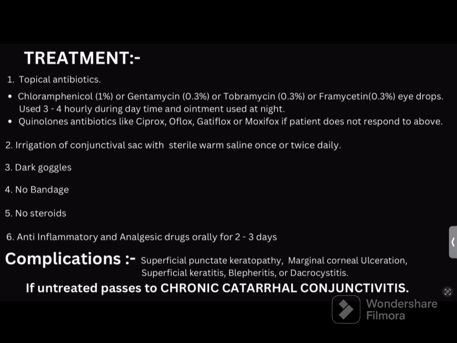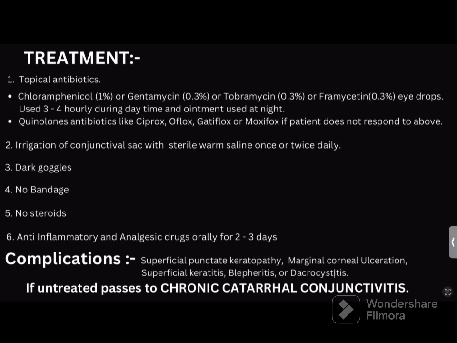Coming to the complications now, occasionally acute mucopurulent conjunctivitis may be complicated by superficial punctate keratopathy or marginal corneal ulceration or superficial keratitis or blepharitis or dacryocystitis. Each of these is a separate short essay question and will be dealt with in detail in the chapters on cornea and eyelids. Okay. Now what happens if you don't treat the case?